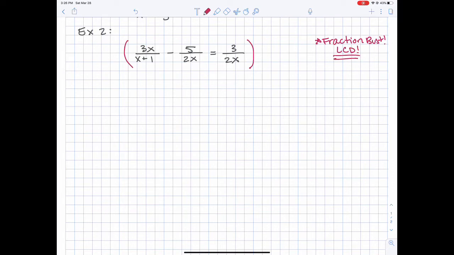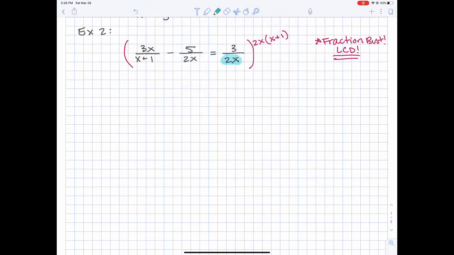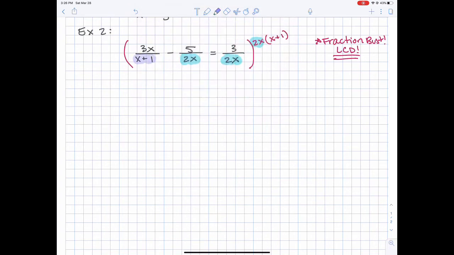So I'm going to multiply everything by 2x times x plus 1. As we can see here, we have a 2x here and a 2x here. That's going to end up canceling out with our 2x up there. But we also have an x plus 1 down here, which is going to end up canceling up there.